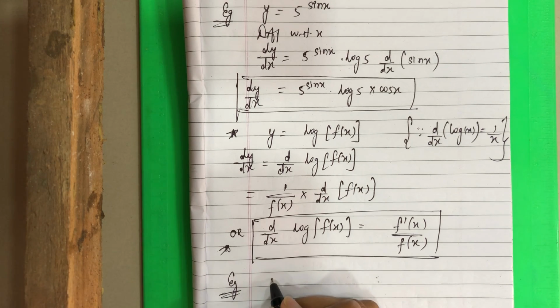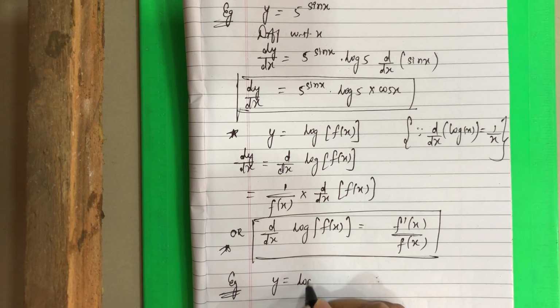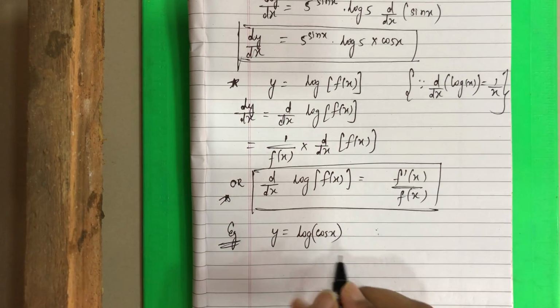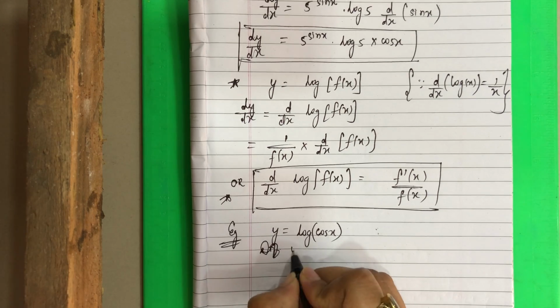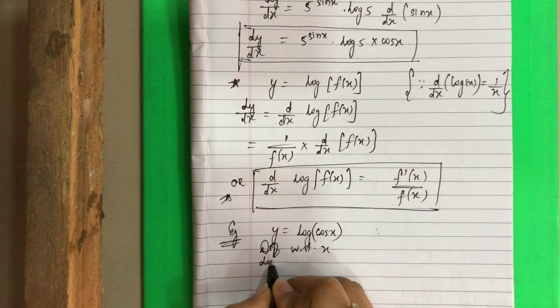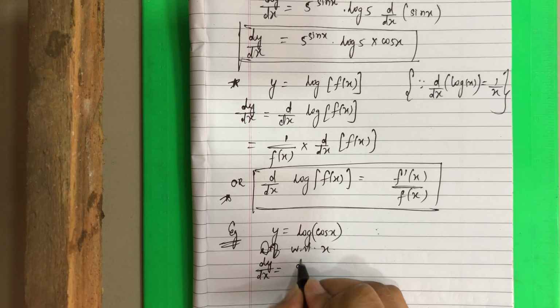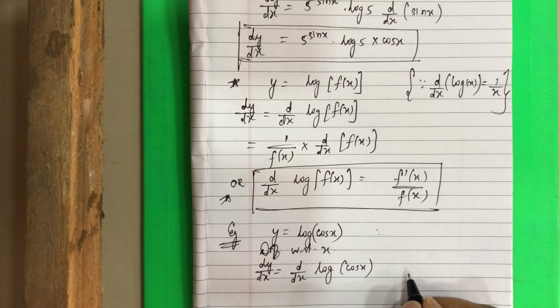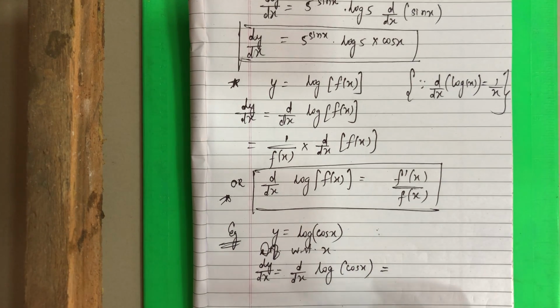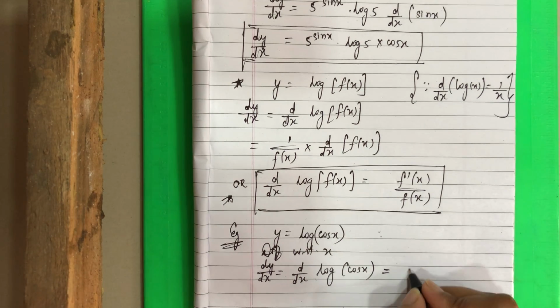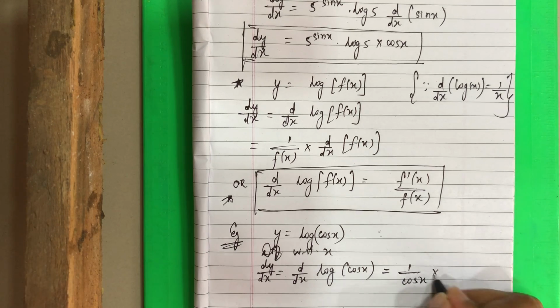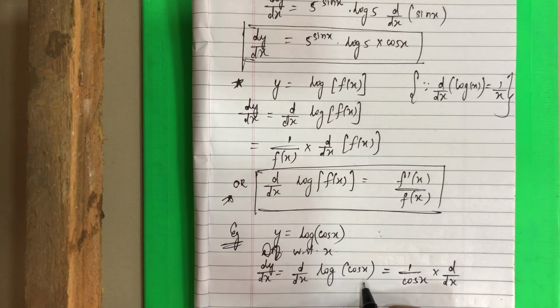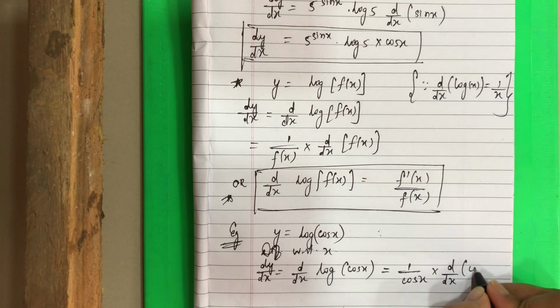Taking an example based on this, y is equal to log of cos x. Differentiate with respect to x. dy by dx is equal to d by dx of log cos x equal to, first differentiate this log, that means 1 upon fx, 1 upon cos x into d by dx of cos x.